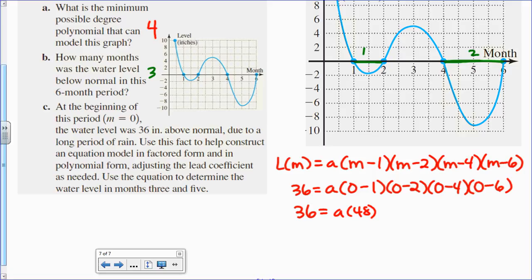Multiply that out. Divide. A needs to stay a fraction, so that should be 3/4. Okay, plug A back in.